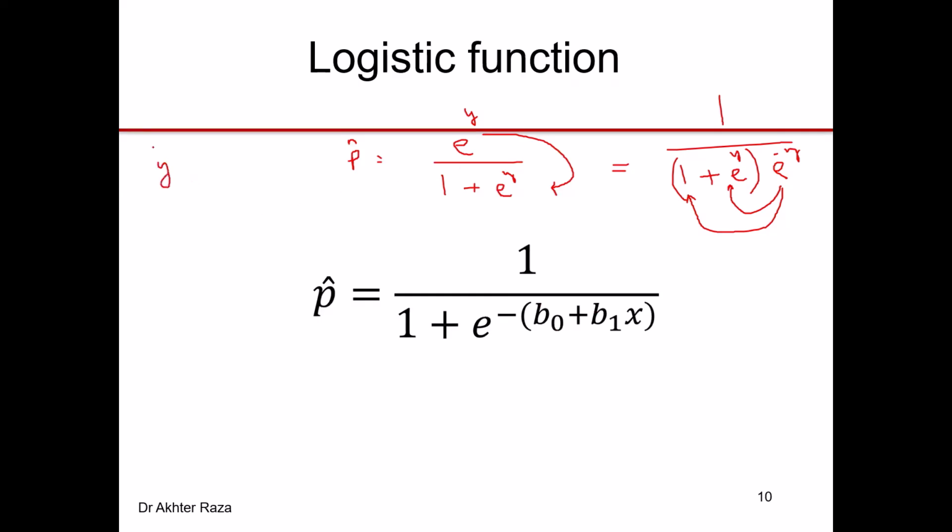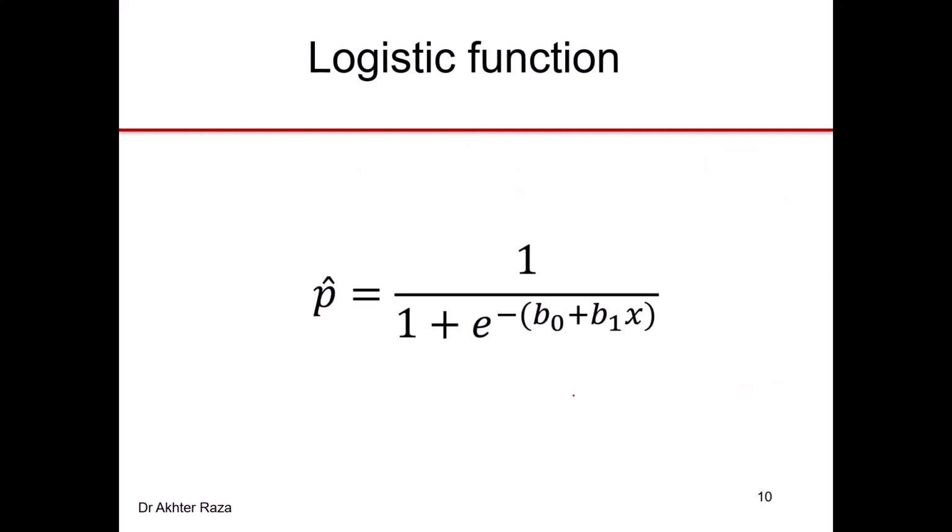The value of y is b naught plus b1x. This is your value of y cap. So the simplified version will be 1 plus e raised to the power minus y. This is the final version of this. And if I put the value of y like it, the function is this. So this is another form of the logistic function.